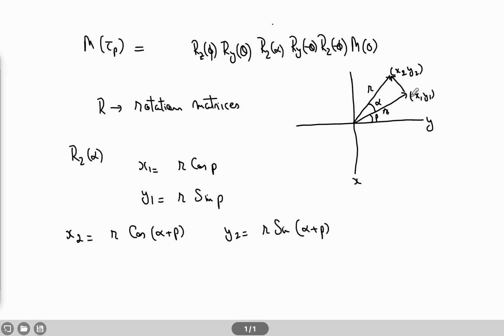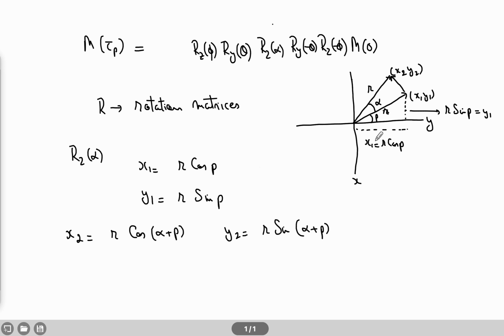That is easy to see. All you are doing is taking the projections along the x and y axes and defining them in terms of those angles. For example, this length is x1, equal to r cos p, and this length is y1, equal to r sin p, and the vector sum of these two components gives the vector r.